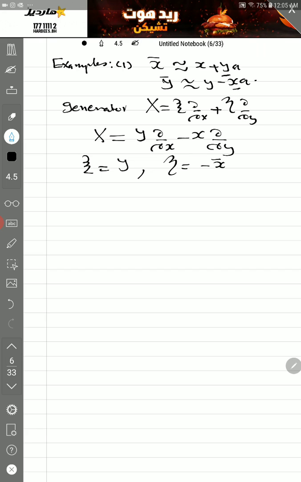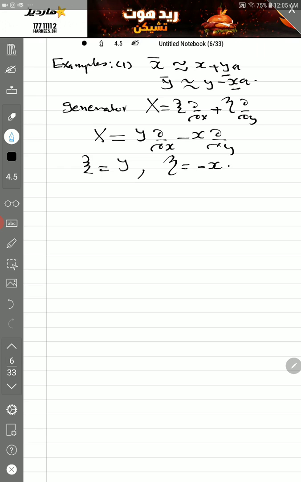So zeta equals y and eta equals minus x. We find x bar and y bar from these.